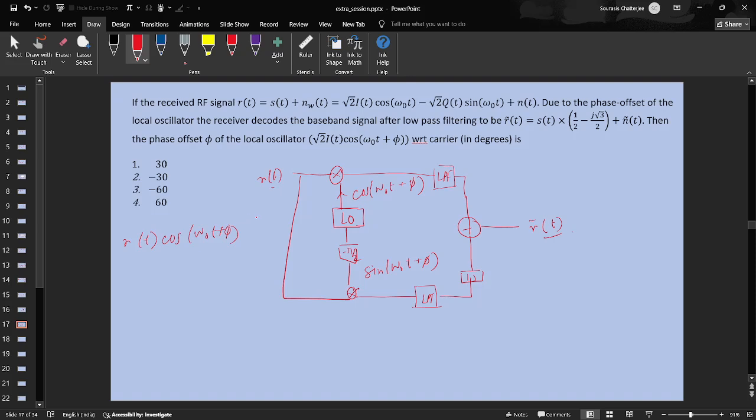So we are only concerned with the baseband component. So if I multiply r(t) with cos omega naught t plus phi, what are we getting here?